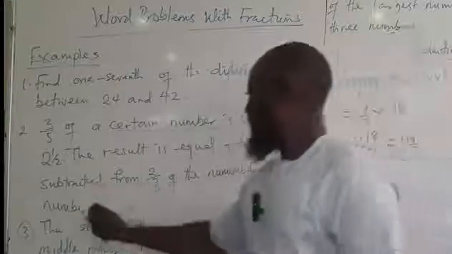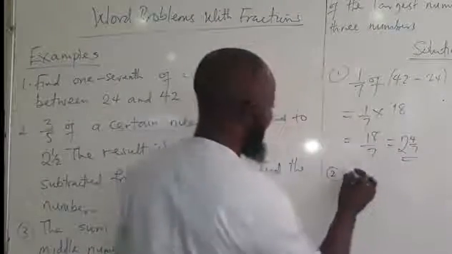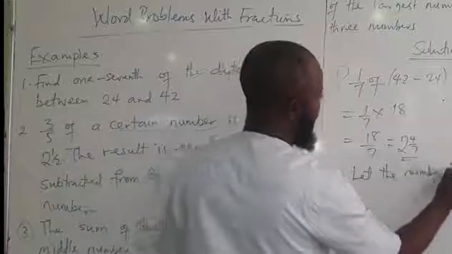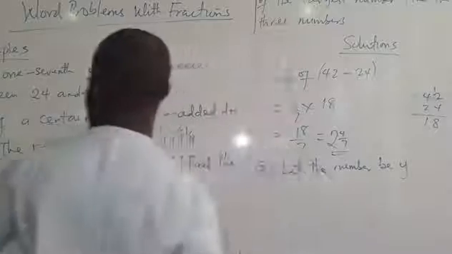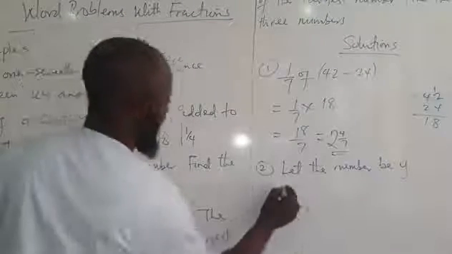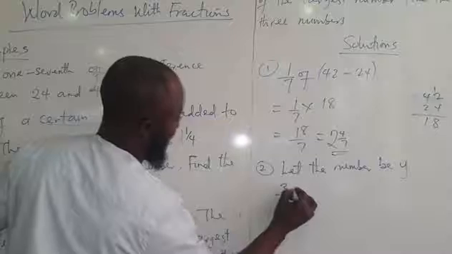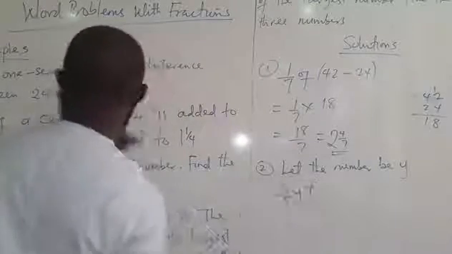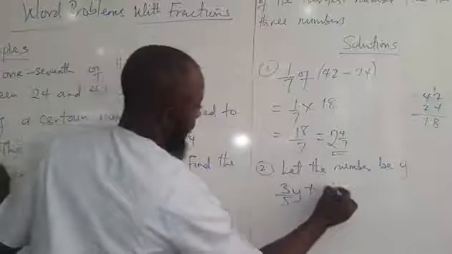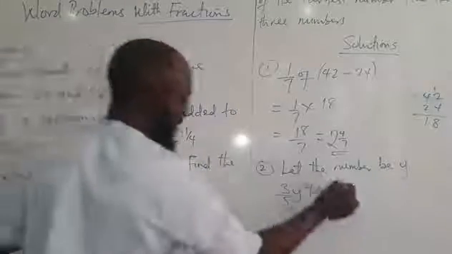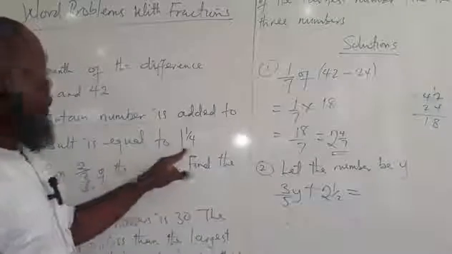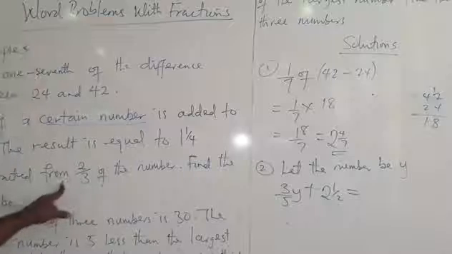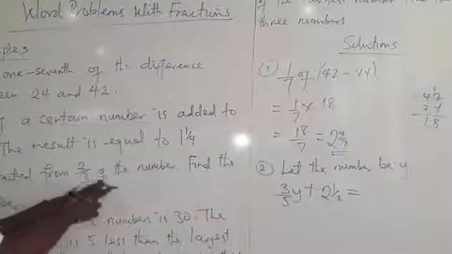Find the number. So in this case, let the number be y. So 3 over 5 of the number, 3 over 5 of y, is added to 2 whole number 1 over 2. The result is equal to 1 whole number 1 over 4 subtracted from 2/3 of the number.